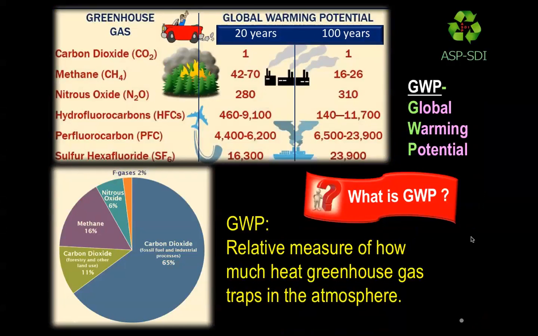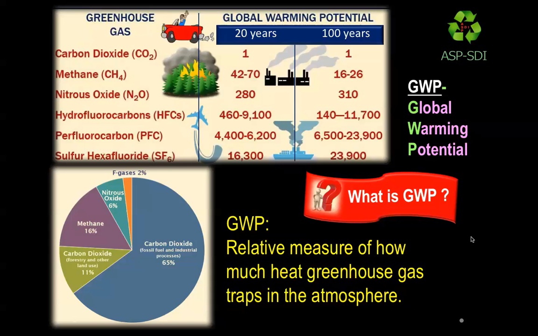All these gases, what you see on the screen, trap heat, and the intensity of the heat they trap is directly proportional to the number of years, and also the intensity.